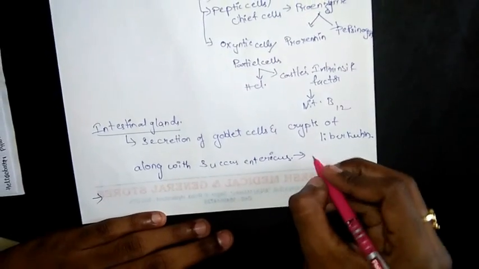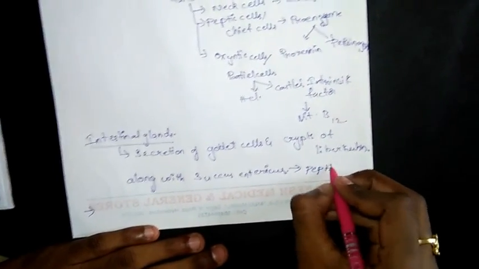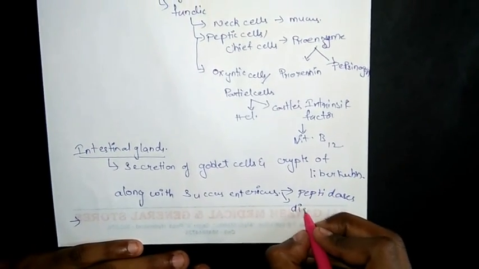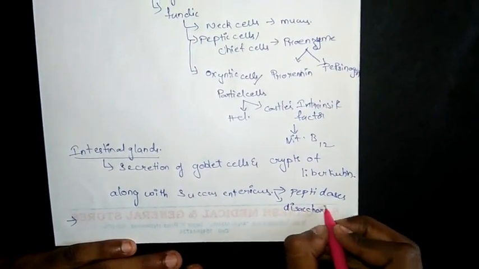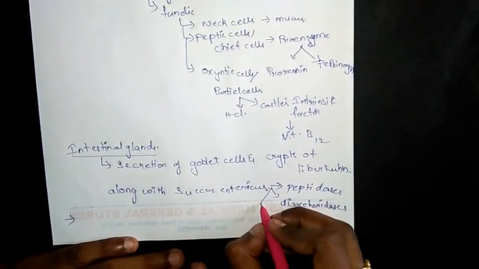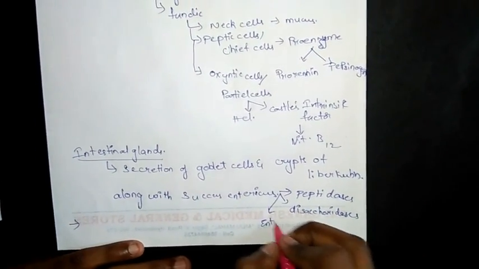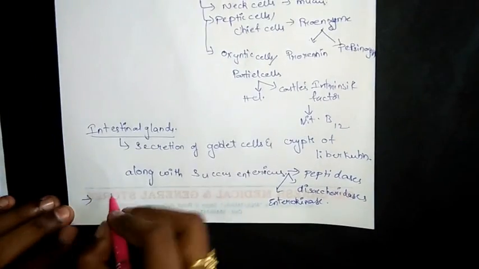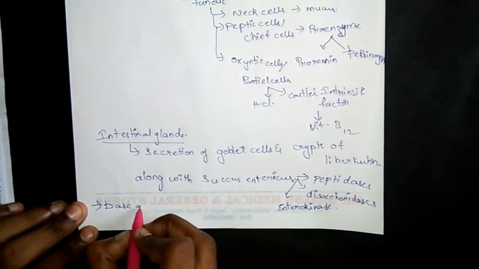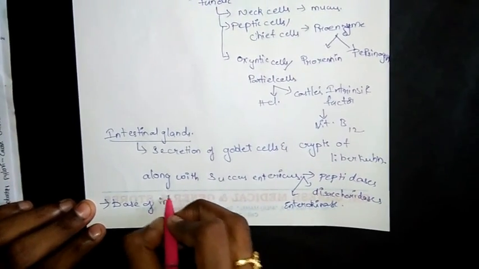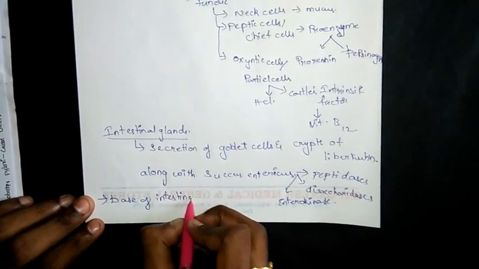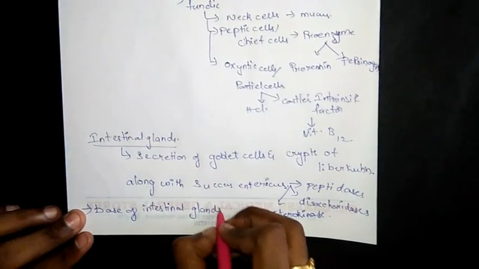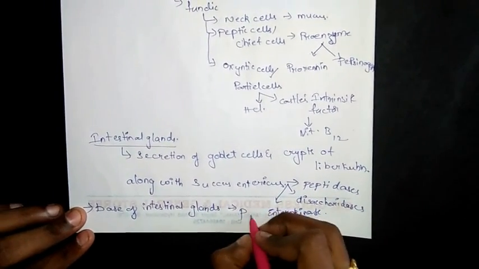The succus entericus has peptidases, disaccharidases, and enterokinase. The base of the intestinal glands has Paneth cells.